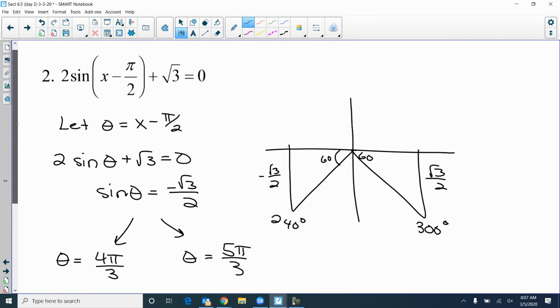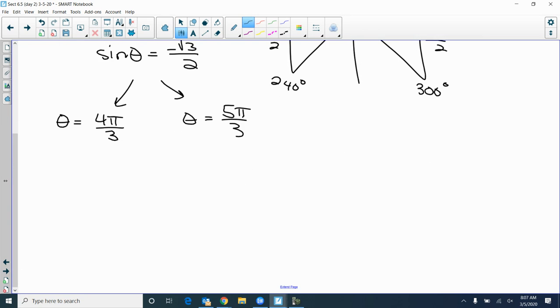What do I get up there? x minus pi over 2. Substitute that back in. So x minus pi over 2 equals 4 pi over 3, and x minus pi over 2 equals 5 pi over 3. Go ahead, add pi over 2.